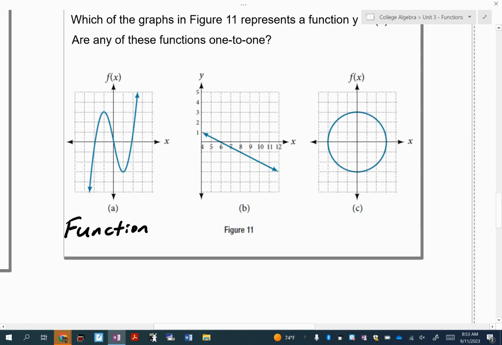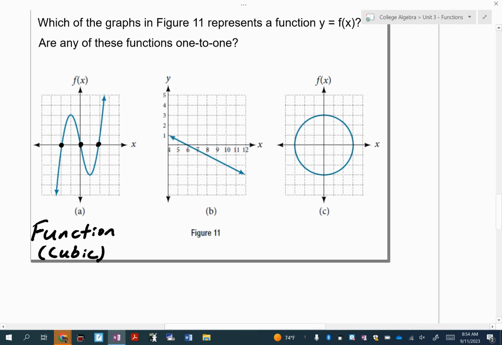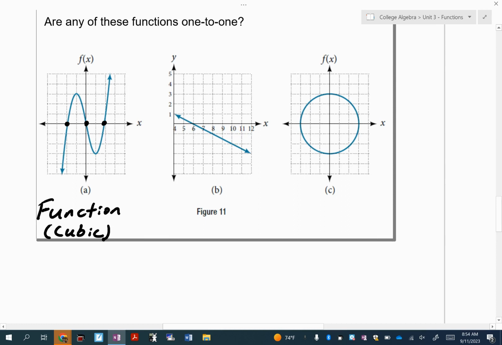Right, and you don't need to know this, but it crosses 1, 2, 3 times. So this is actually a cubic function. This one in letter B, let me go back. Let's do that last. So letter B, if I do my vertical line test, yes, this is a function as well. All right, and you can see this hopefully is a linear function. All right, it's a line.